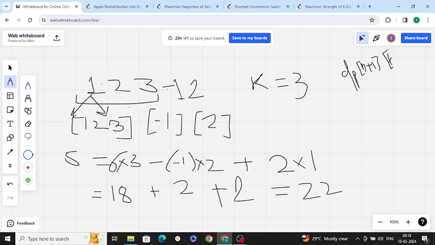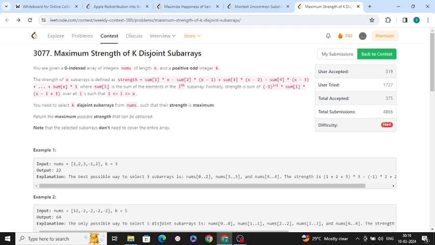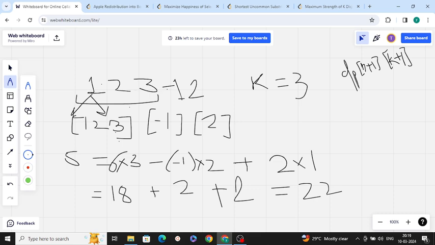One is the index of the array and the other is k, because only k disjoint subarrays can be possible, right? They have mentioned that you need to select k disjoint subarrays from nums such that their strength is maximum. Only k breaks can be done, only k subarrays can be made. So here two choices are there, whether to take this element or not take this element, right?